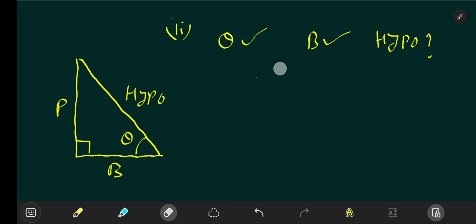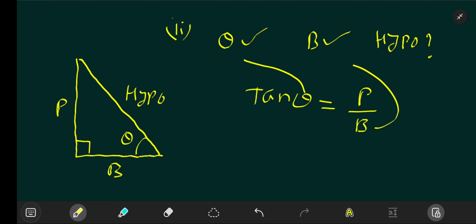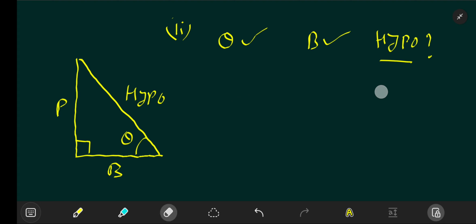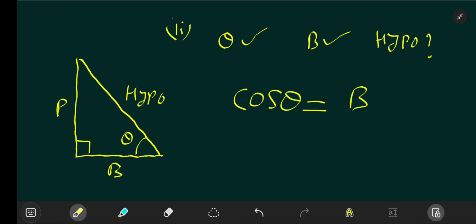Okay. If I select tan theta, that is equal to perpendicular upon base, here theta is there, base is there, but instead of the hypotenuse, the perpendicular side is there. So this is also a wrong trigonometric function. So now I will select cos theta, that is equal to base upon hypotenuse.